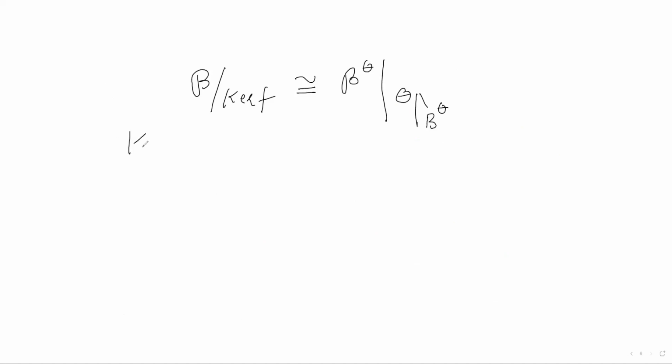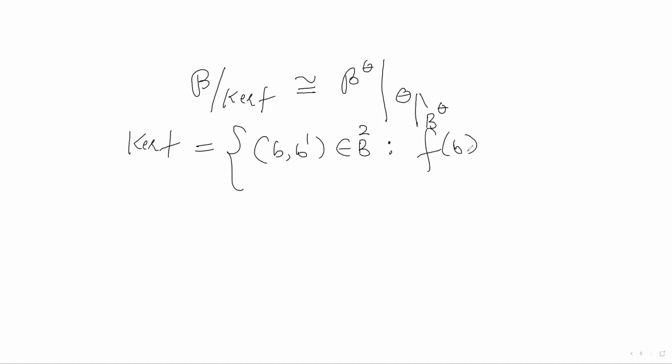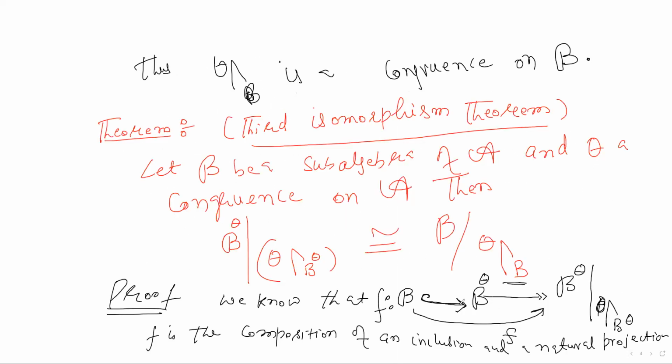Kernel of F is, by definition, the set of pairs (b, b') belonging to B square such that F of b is the same as F of b'. Now what is F of b? F is actually the composition. Any element of B here goes to this one.